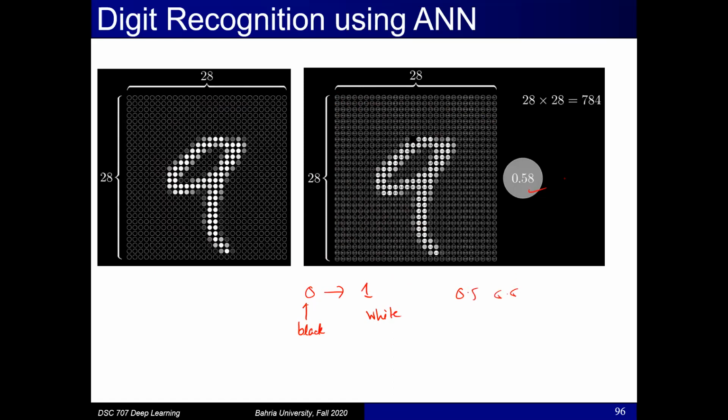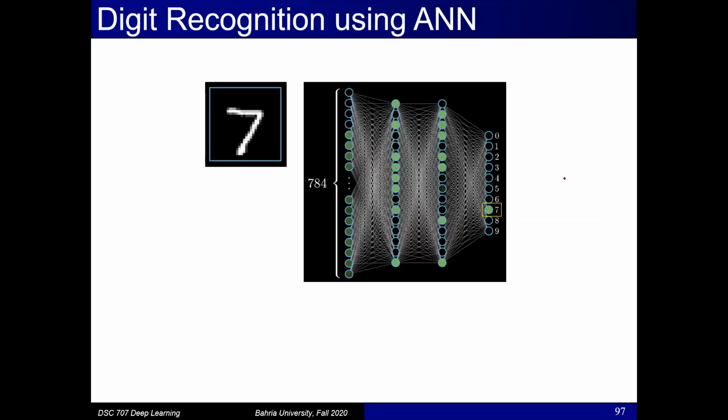But there are very few portions in this image which are gray. Mostly the background is black, so you have values which are close to 0, and the foreground or the digit is white, which will be close to 1. So you see, for a human, you can tell it's a digit 9, but for a computer, it just sees a bunch of numbers. There are 784 numbers, and it has to recognize the pattern, that when the pattern is like this, I have to output digit 9, and so on.